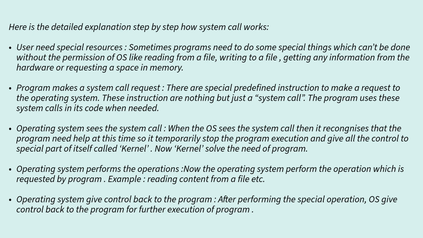Once that is done, the OS will give back the control to the program for further execution. So this is how the system call calls the OS, and the OS will then fulfill the need of the system call and return the control back to the program.